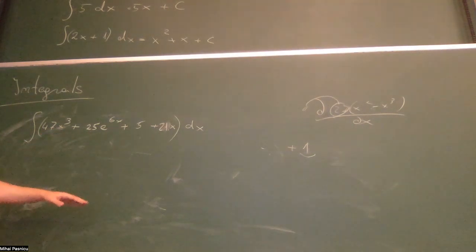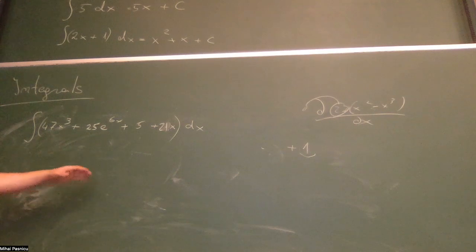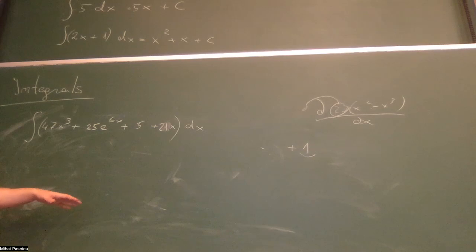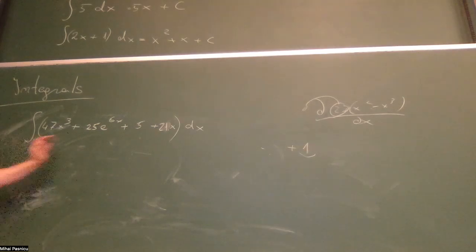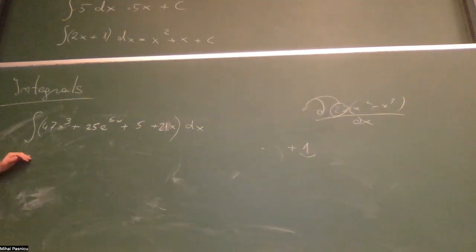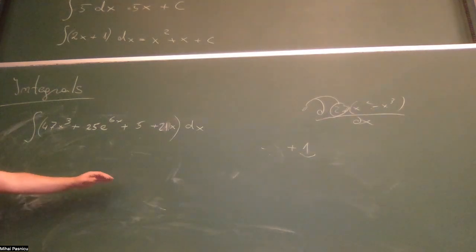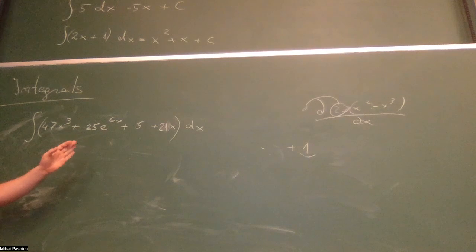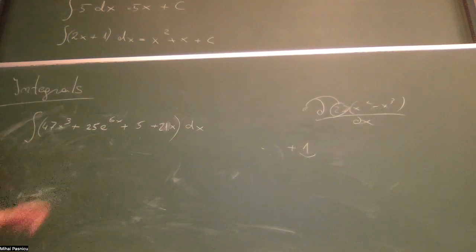Since this is the first time some of you or most of you are seeing integrals, I'm going to do it in multiple steps. But if you're on an exam and you have something like this, and the next line is actually the answer, I have nothing against that. So you don't need to go for the extra steps if you don't need to. Okay? But since it's the first time, my approach would be to just split it.